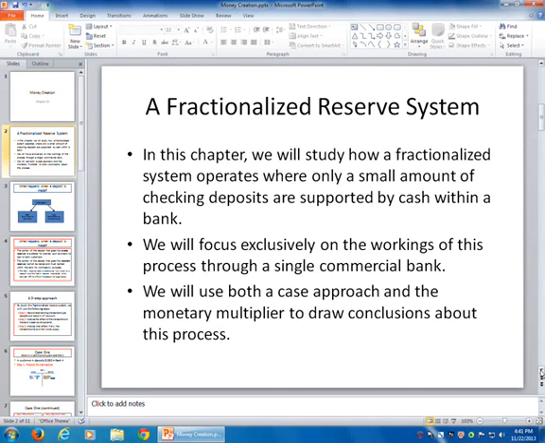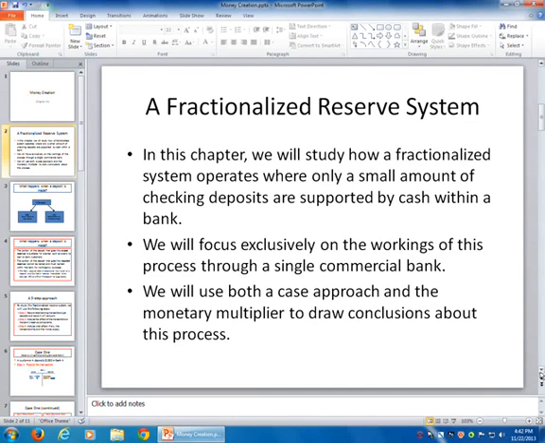We'll be able to draw a conclusion to the fractional reserve system approach by using the money multiplier, because it's a more efficient way of tracking the fractional reserve system. The case approach is just to give us more details so that we can see how the process works on a systematic basis.